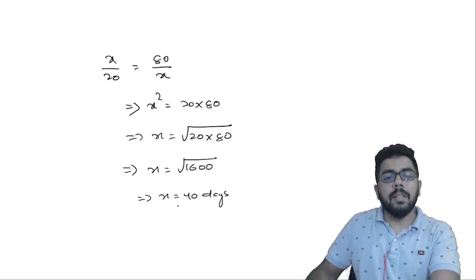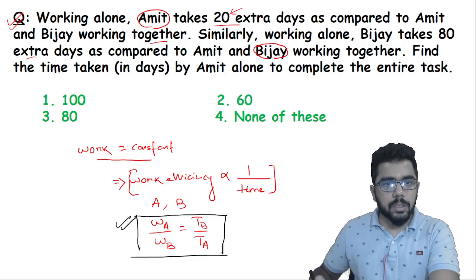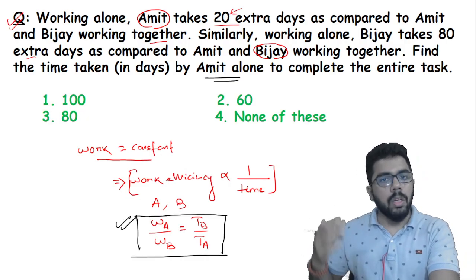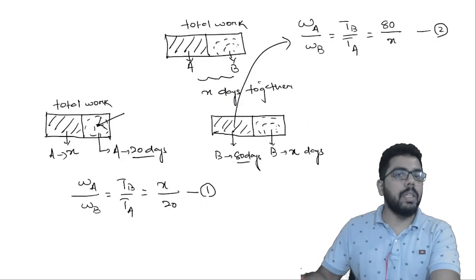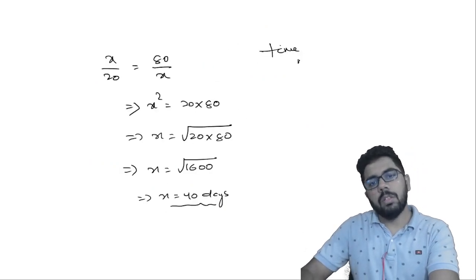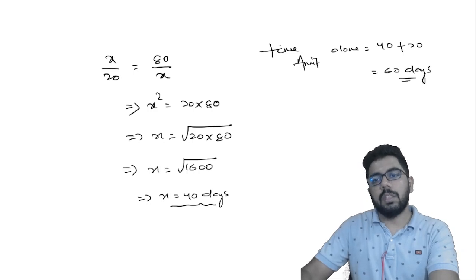X is the time taken when both of them are working together. The question was asking us the time taken by Amit alone. If Amit is working alone, Amit will take X plus 20 extra days. So the time taken by Amit alone is 40 plus 20. So the answer will be 60.